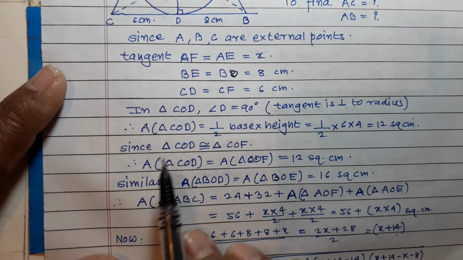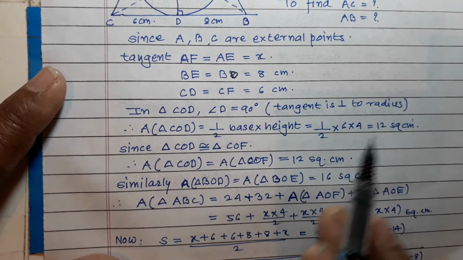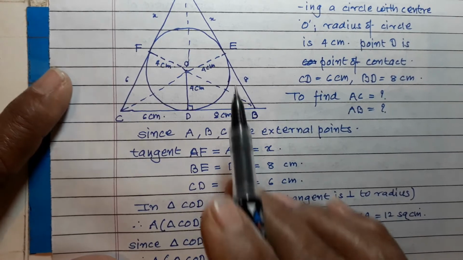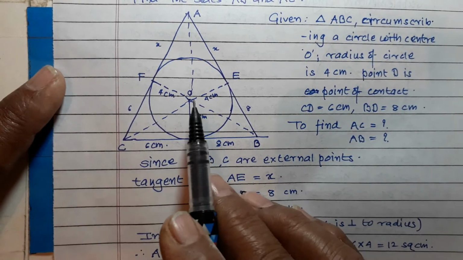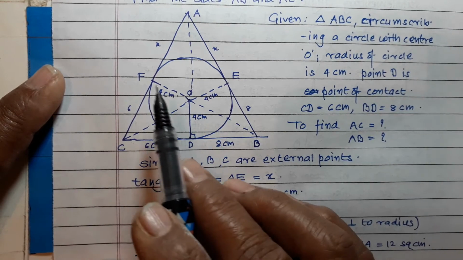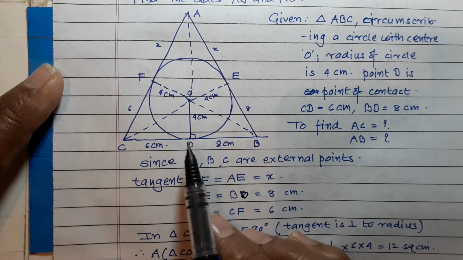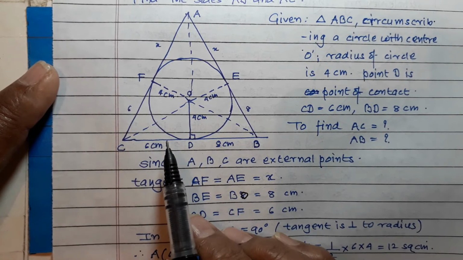Since triangle COD is congruent to triangle COF. Where is COF? These two triangles are congruent, because this angle and this angle are equal, this and this are equal, this and this are equal.